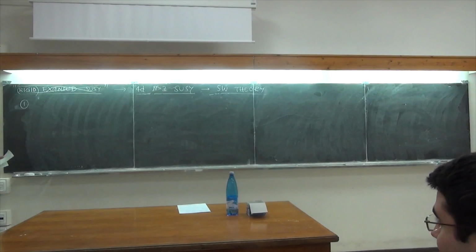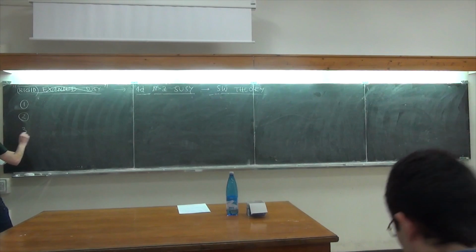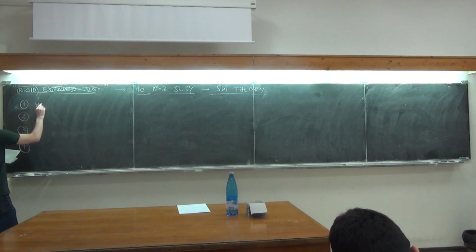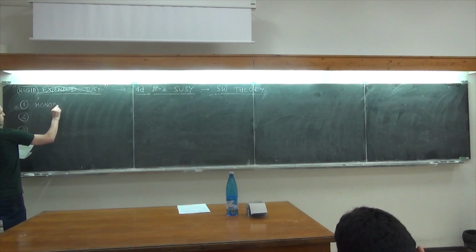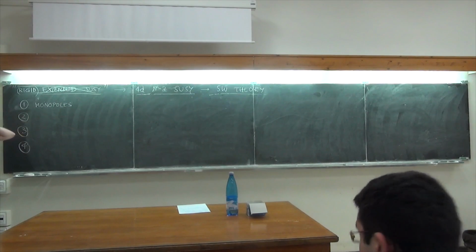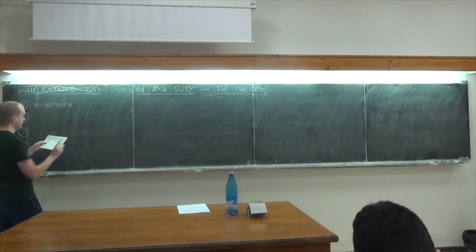So I have divided the course into 4 parts of varying sizes. In the first part, there will be no supersymmetry, but I will introduce some of the characters that will play an important role later on when we discuss 4-dimensional N=2 theories.